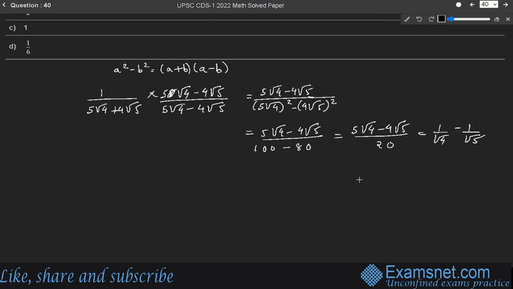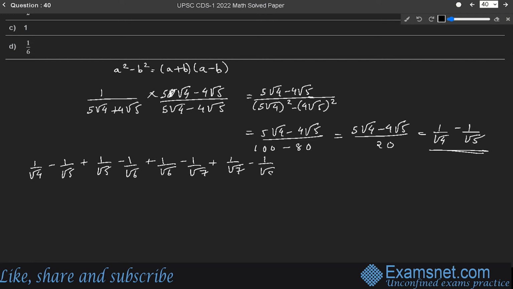So if the value of the first term is 1 by root 4 minus 1 by root 5, then doing the same operations in all the other terms, we will get 1 by root 4 minus 1 by root 5 plus 1 by root 5 minus 1 by root 6 plus 1 by root 6 minus 1 by root 7 plus 1 by root 7 minus 1 by root 8 plus 1 by root 8 minus 1 by root 9. This will be the possible expression.